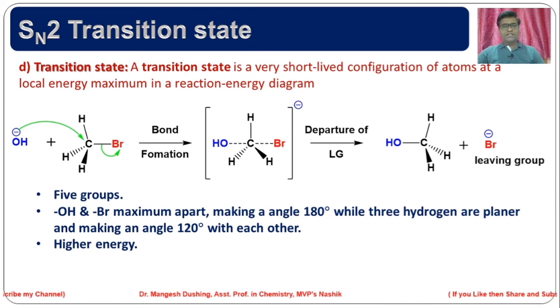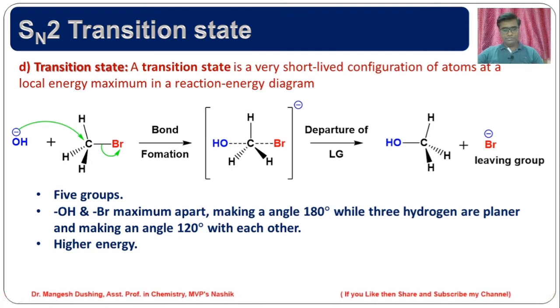Because of the minimum dipole repulsion and minimum steric hindrance, this transition state has lower energy, but as this is charged, with 5 groups on the carbon, the energy is very high compared to the starting material and the product. That's why the transition state is a short-lived configuration of atoms at the local energy maximum in an energy profile diagram. So the transition state has the maximum energy level within the energy profile diagram.